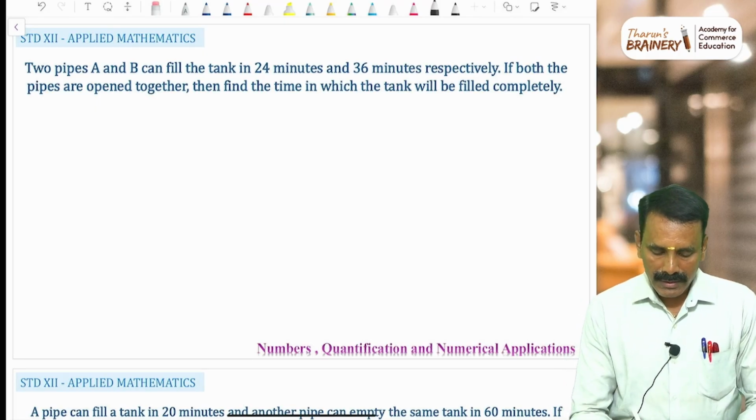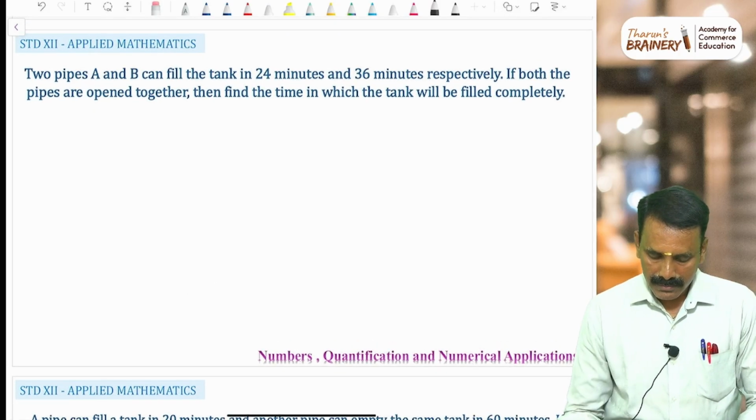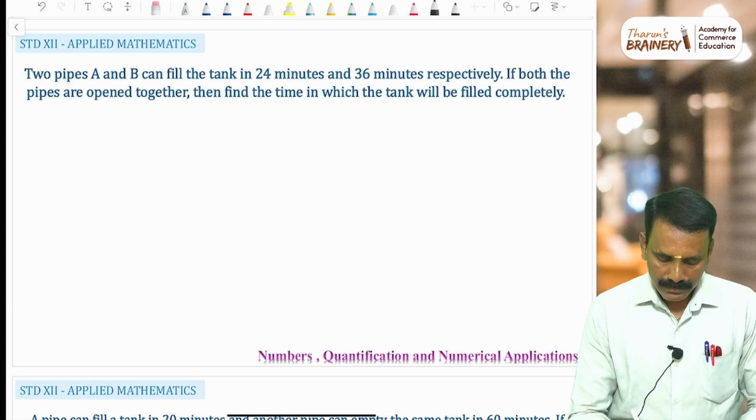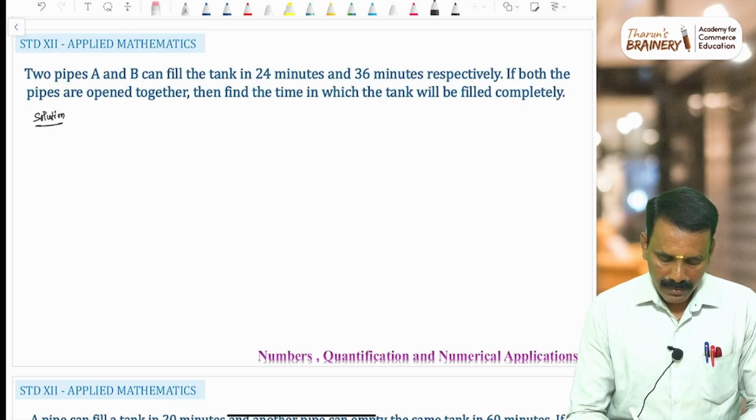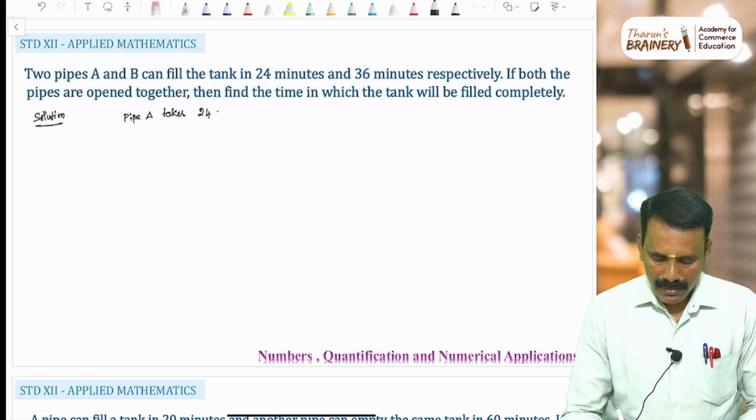Pipe A takes 24 minutes to fill the tank.